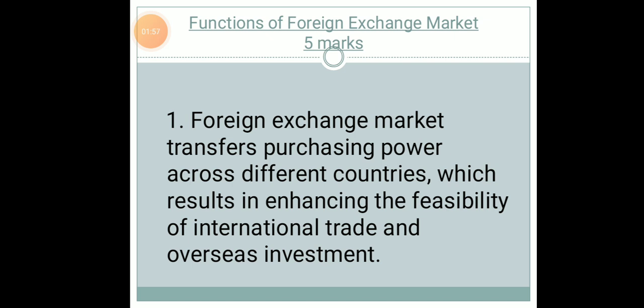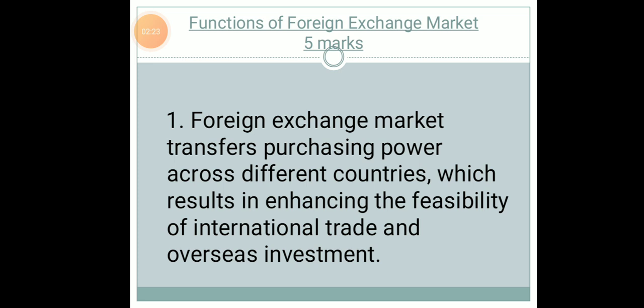The foreign exchange market converts his own currency into the other country's currency where he is going to export or import the goods. The foreign exchange market facilitates transferring of purchasing power from one person staying in one country to a citizen of another country.